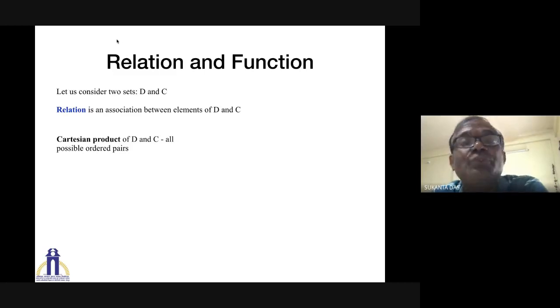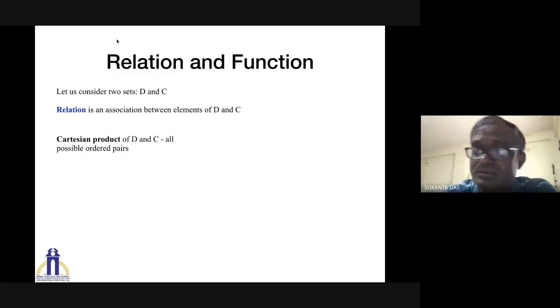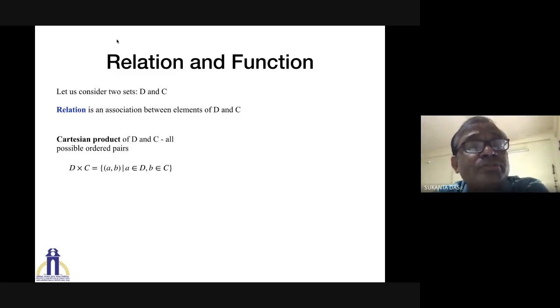So the Cartesian product of these two sets D and C is actually nothing but all possible ordered pairs, right? So we normally write in this fashion: D cross C. This cross indicates Cartesian product, and there's a definition. So it's the ordered pair A, B. So A comes from the first set D, and B from the second set C.